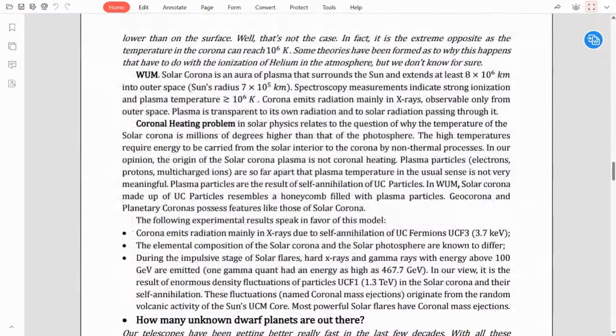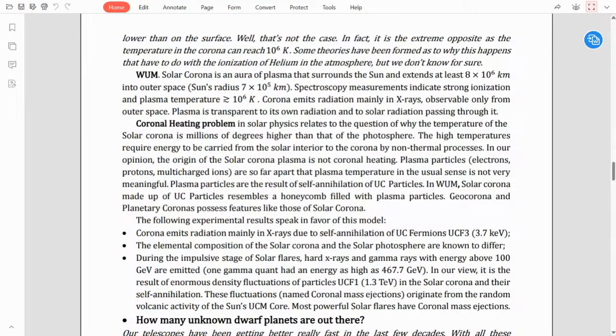Well, this is not the case. In fact, it is the extreme opposite, as the temperature in the corona can reach millions of degrees K. Some theories have been formed as to why this happens, that have to do with the ionization of helium in the atmosphere, but we don't know for sure.